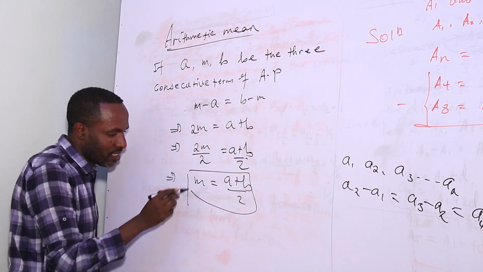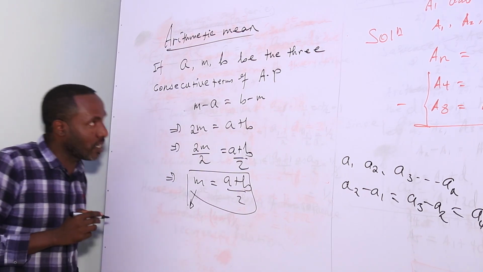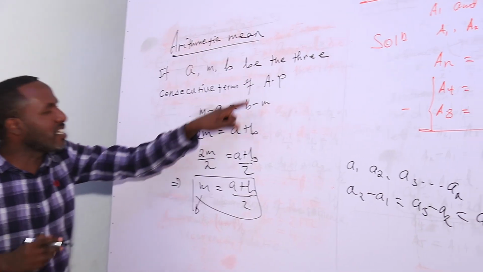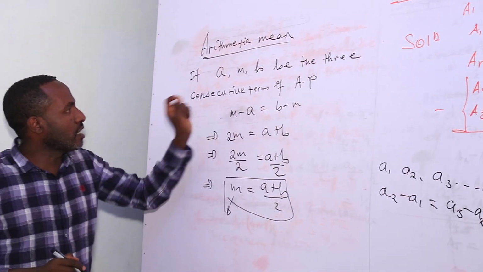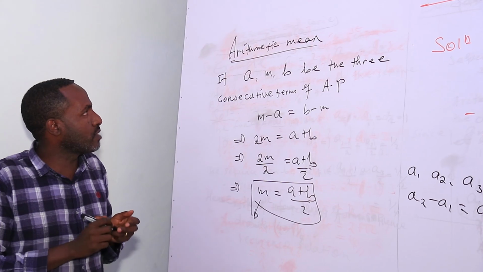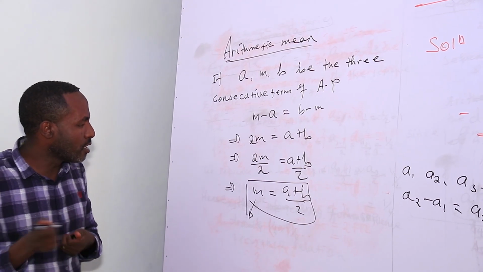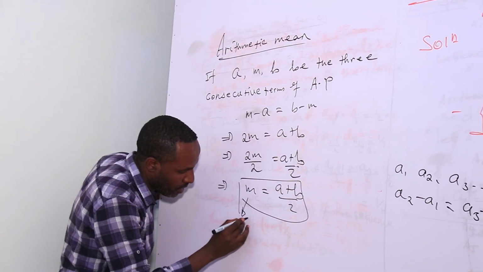Meaning that this M is known as the arithmetic mean between any three consecutive terms of the given arithmetic progression. This is known as the arithmetic mean.